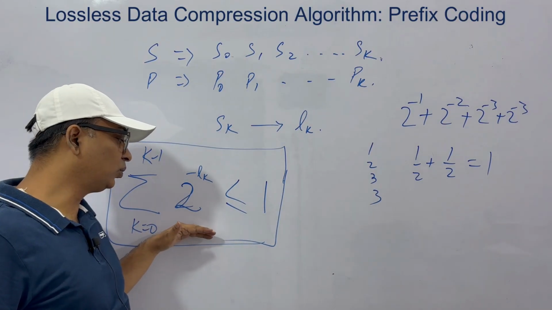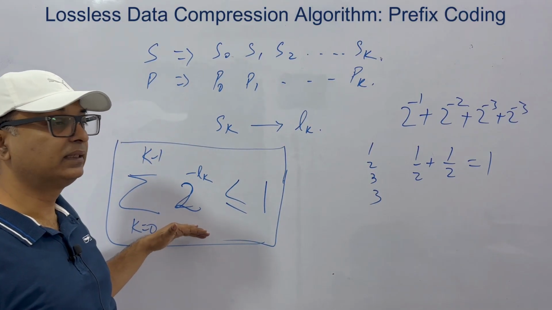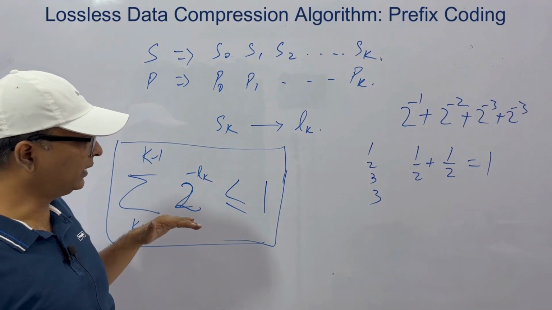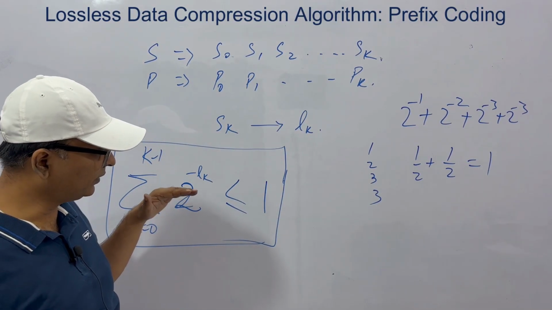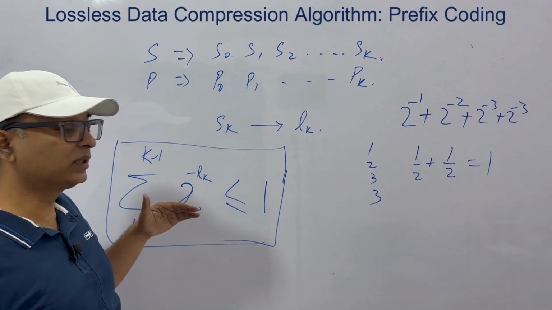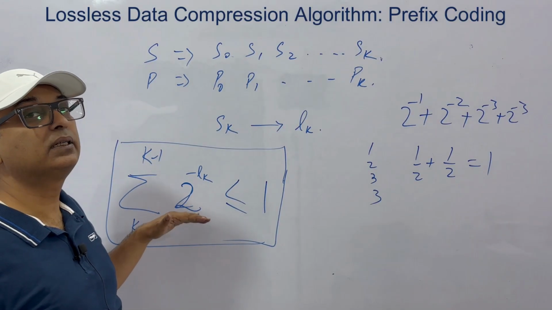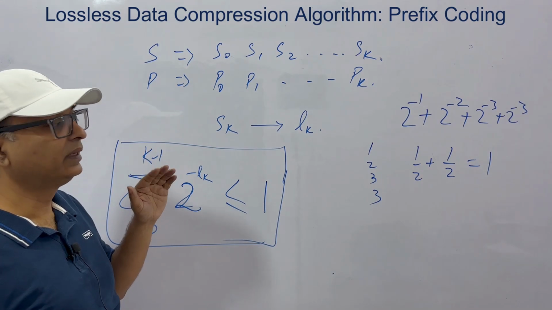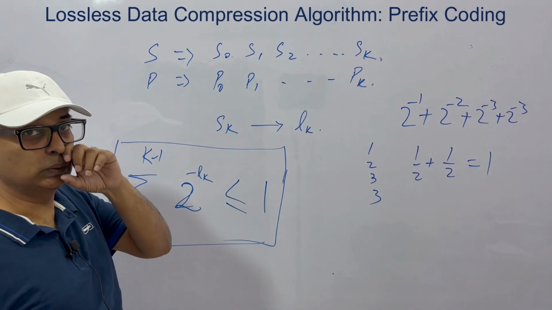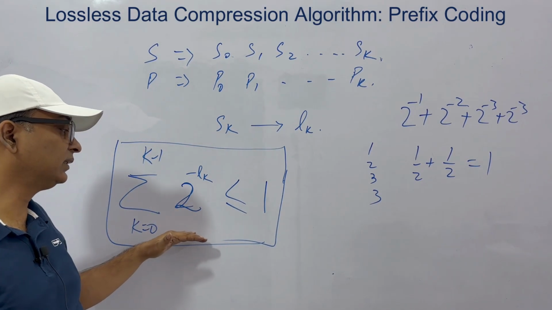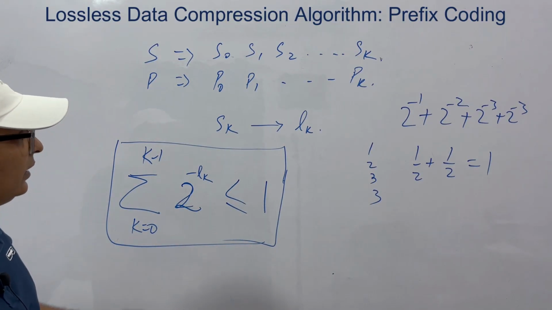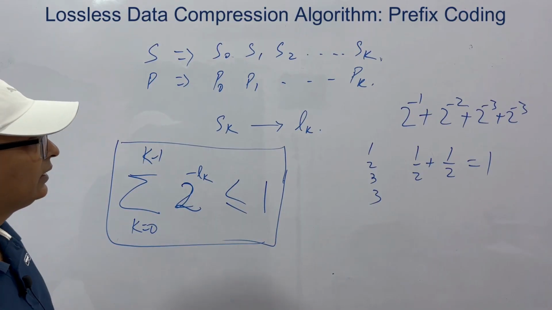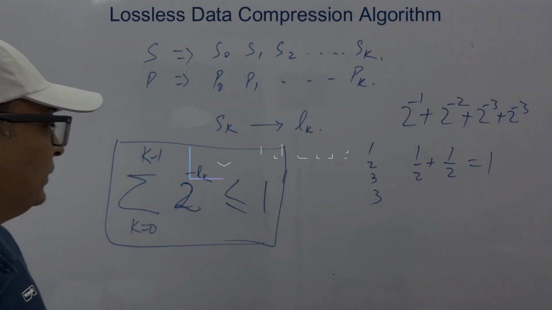If a code violates this, then it cannot be a code for data compression. But if a generated code satisfies this, it does not mean it qualifies to be a data compression code. There are other conditions also. So this is a condition that must not be violated, but there are other things to look at when we are designing a code.